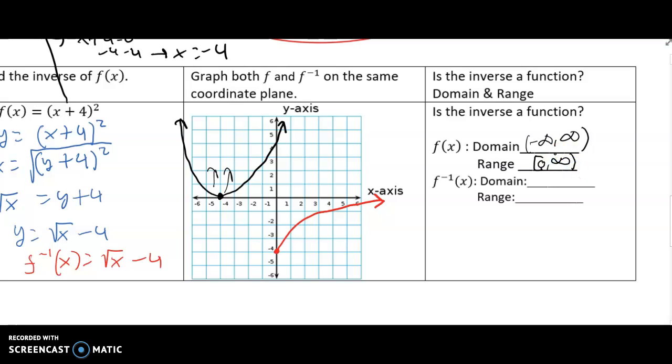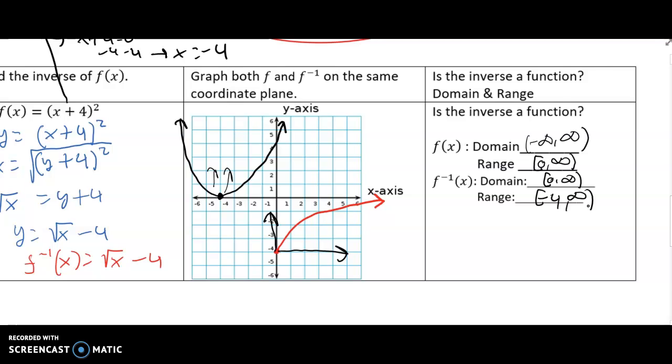For the inverse, our domain is 0 to infinity also, because it has all x values in this direction. So notice that the range of the original is the domain of the inverse. And then the range of our inverse is everything from negative 4 up.